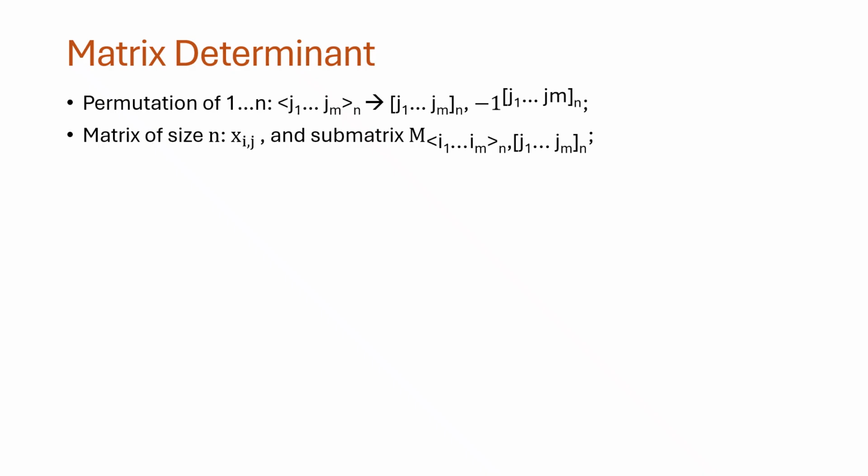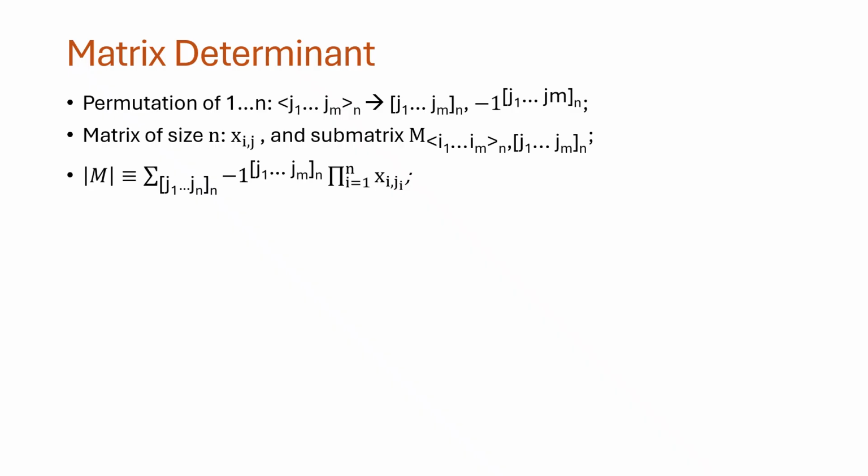And we can create a matrix of it, given an ordered permutation of row indexes and an ordered permutation of column indexes. We just delete all the rows in the row index and all the columns in the column index, and the remaining is a submatrix.